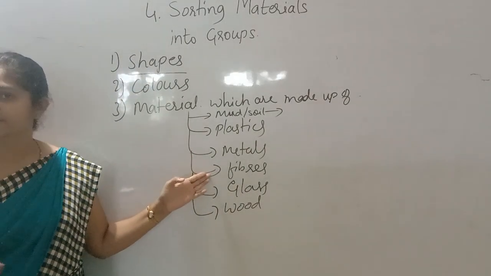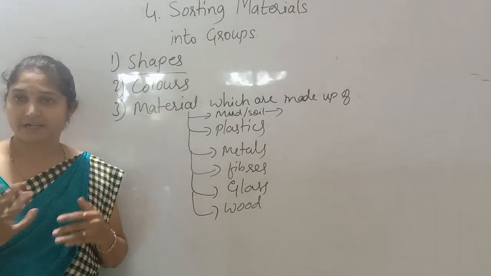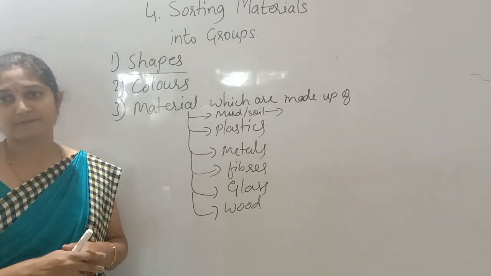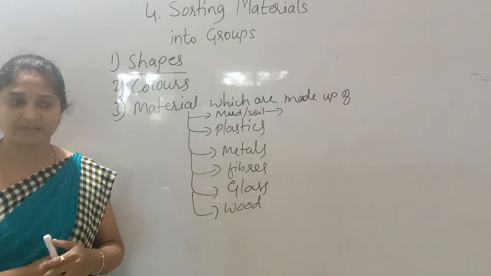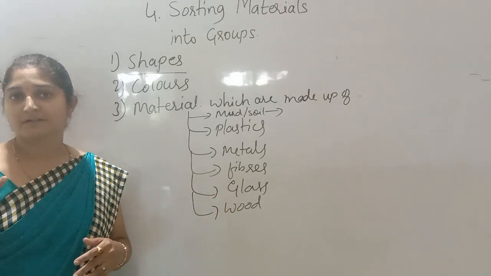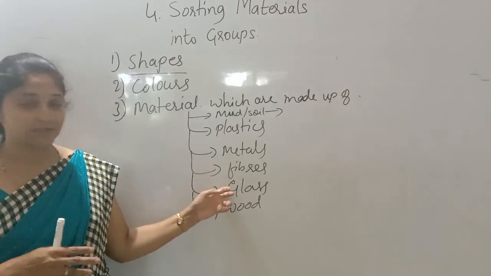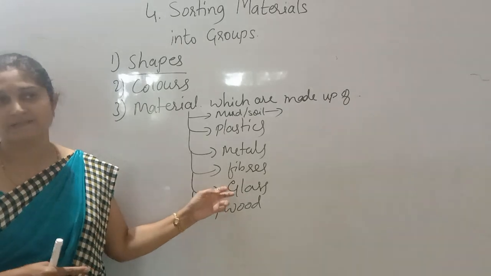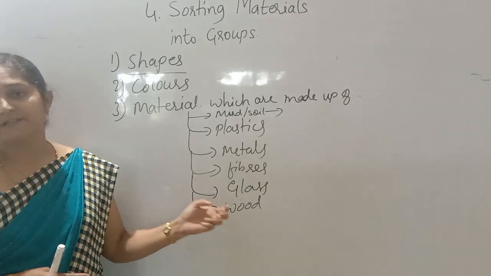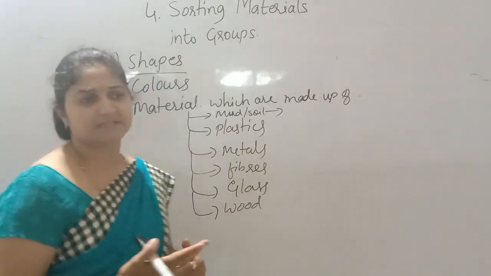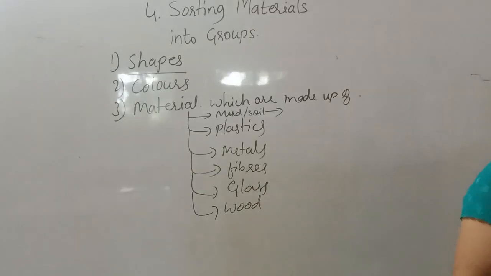Then fibers, obviously clothes, mats, and some interior decorating objects, and glass also. With the help of glass, we make many things, even in cooking in your home, as kitchenware, and decorative items also. Wood is also used for making different objects. So many objects we are making with the help of wood.